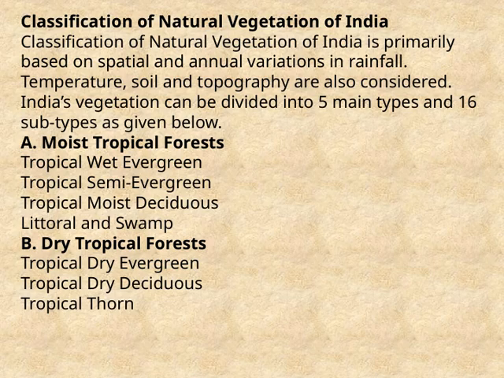Lastly, tropical thorn forests are found in the driest regions, characterized by thorny bushes and xerophytic plants that survive with minimal water. Understanding this classification helps us appreciate how India's vast and varied climate influences its rich biodiversity. It also provides a foundation for conservation efforts and sustainable management of natural resources across the country.